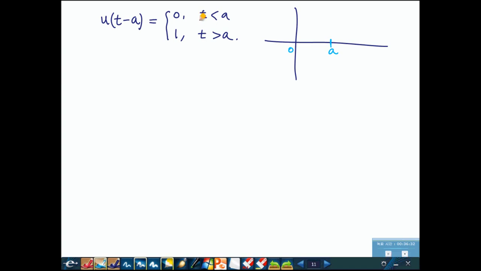Here t is time. If t is less than a, it's all 0, and if time is greater than a, that means 1. So that's the unit step function in graphical form.